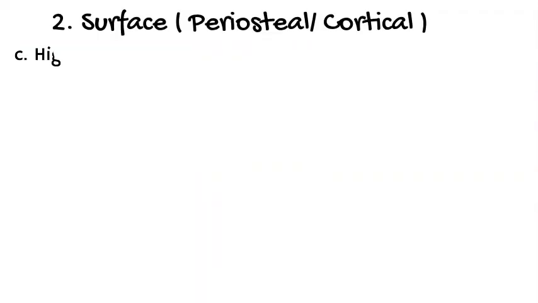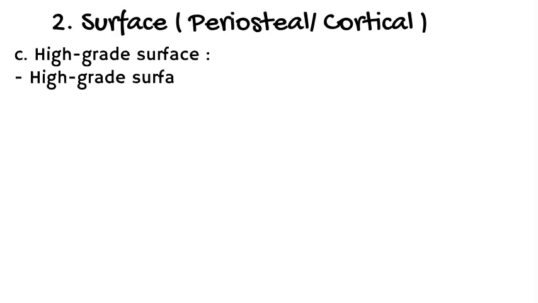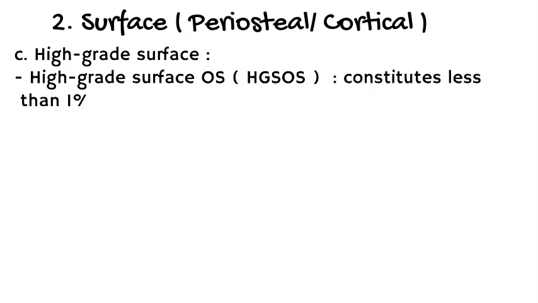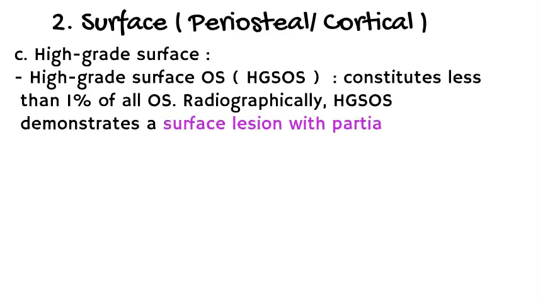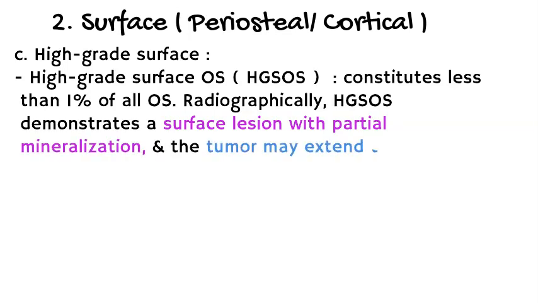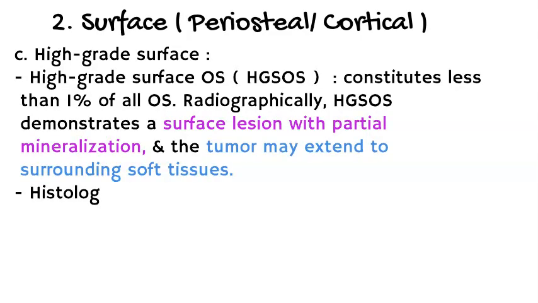C, for high-grade surface, HGSOS. It constitutes less than 1% of all osteosarcoma. That means it's rare. Radiographically, HGSOS demonstrates a surface lesion with partial mineralization, and the tumor may extend to surrounding soft tissues.